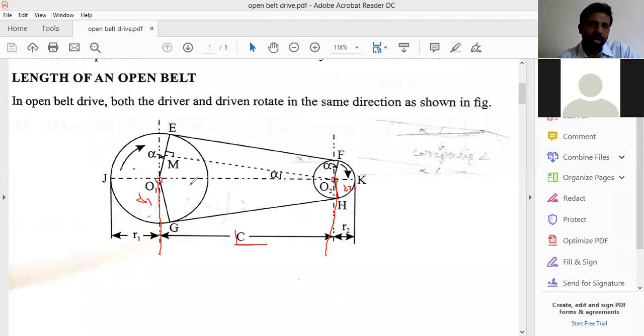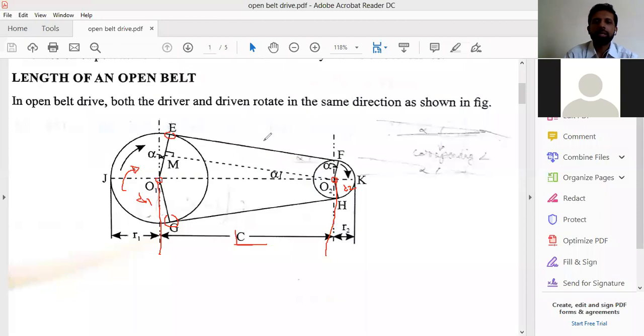Now if you look into this, when a belt is positioned for this, the belt is going to leave the pulley tangentially on the circumference at point E over here and point G over here on the bigger diameter. Let us assume this pulley is going to rotate in the clockwise direction.